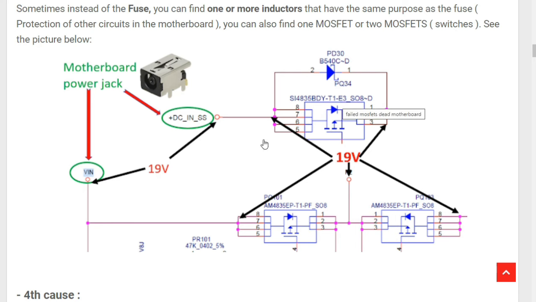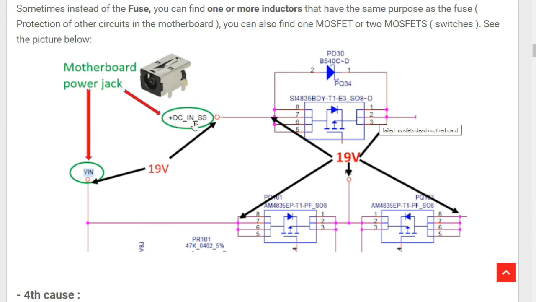As you can see in this picture, we have the motherboard power jack, and this is basically the DC in. It will pass through this MOSFET. Here we have the drain, and here we have the source. Of course, we have another diode here that connects between drain and source.